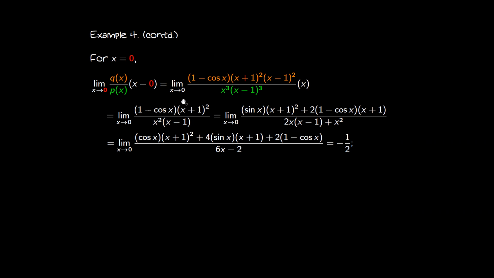If you have a non-zero constant over 0, we understand it's undefined. But when you have 0 over 0, we have to pay extra attention. For this case, we use L'Hopital's rule. L'Hopital's rule says the limit of a 0 over 0 pattern is equal to the limit of the quotient of the numerator's derivative and the denominator's derivative.